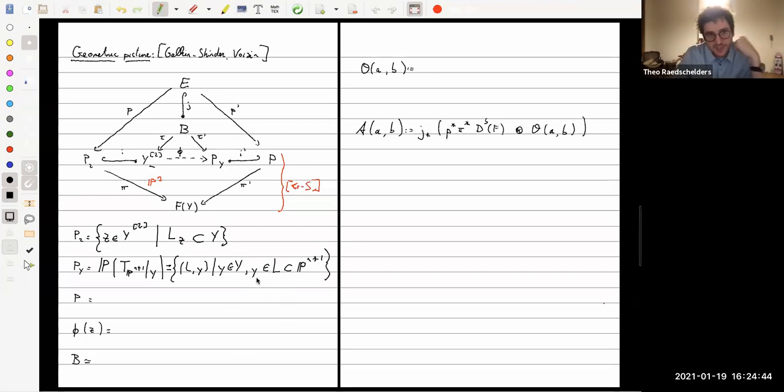Again, we can very naturally define a closed subscheme by considering only those tuples such that this line L actually lies in the cubic. So P is going to denote the closed subscheme consisting of all those tuples (Y, L) such that this line L is actually inside of the cubic.